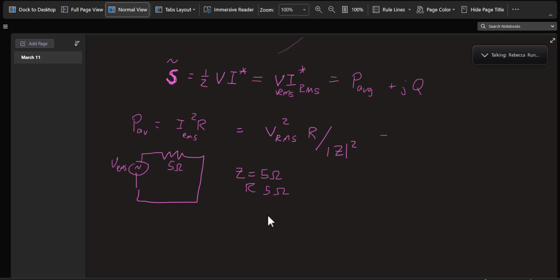And so in this case, V RMS squared times R over the magnitude of Z squared, where the magnitude of Z is 5, is V RMS squared over R, which is just our old-fashioned formula for power. So if you needed to compute the average power for something that was purely resistive, you would find the RMS voltage and divide it by the resistance.